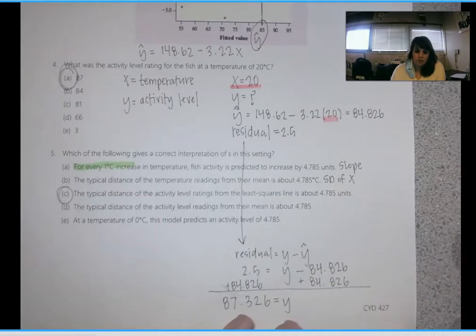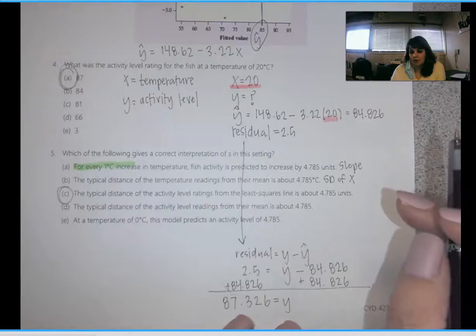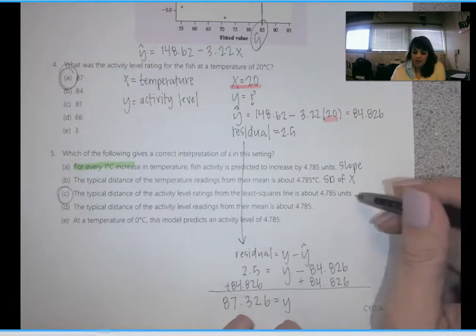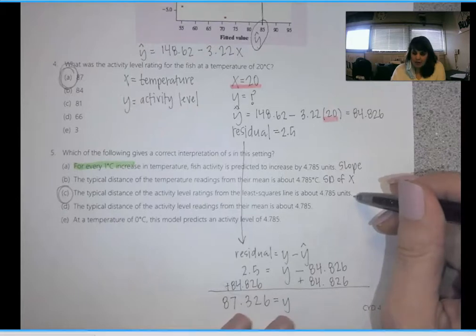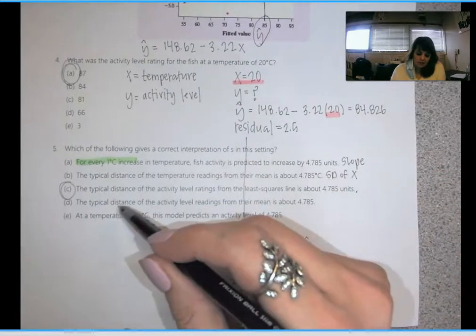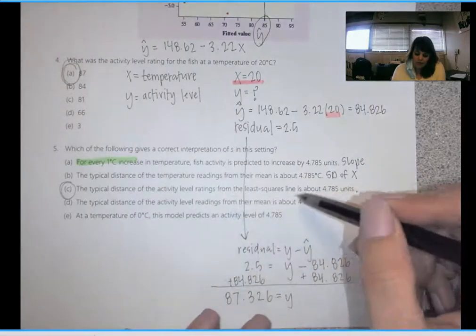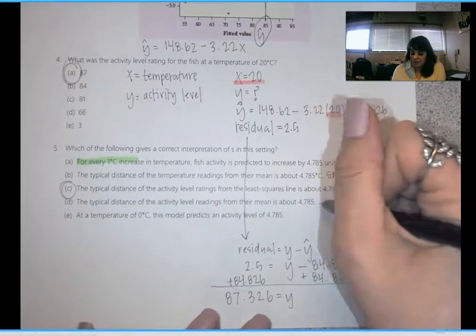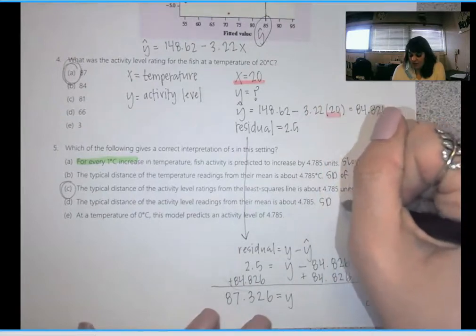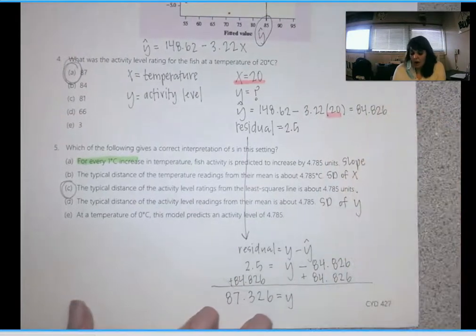C: The typical distance of the activity level ratings from the least squares regression line is 4.785. That sounds about right. It's not exactly the same as our definition or our interpretation sentence frames, but it's pretty close. D: The typical distance of the activity level readings from their mean is 4.785. This is describing standard deviation of Y.